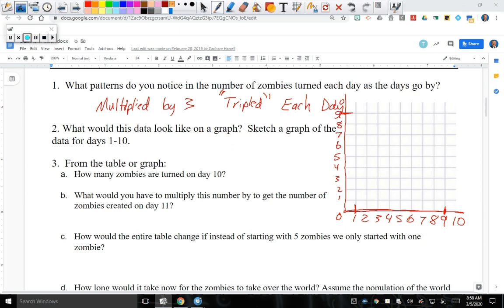These are the number of days, and these are the number of zombies. We're going to do this as 10, 20, 30, 40, 50, 60, 70, 80, 90, and 100, and these are in thousands.